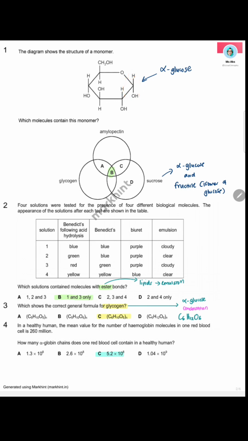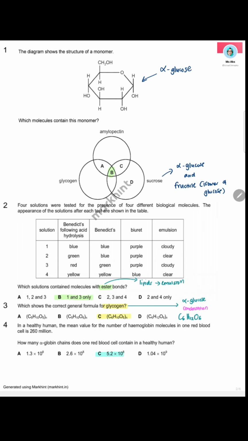And then for those of you who are not sure, how do we number the carbon? Here it would be carbon 1, carbon 2, carbon 3, carbon 4, carbon 5, and carbon 6. Now, I would advise the students that you should be able to draw the structure of alpha and beta glucose as well. This is going to be very, very useful for you. In fact, it is stated in your syllabus that you should be able to do so.